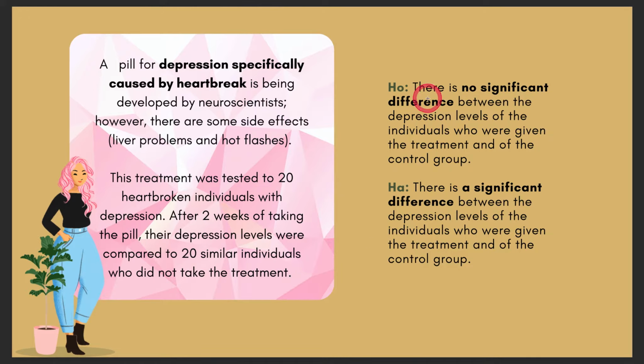The null hypothesis is that there is no significant difference between the depression levels of the individuals who were given the treatment and of the control group. The alternative hypothesis, on the other hand, is that there is a significant difference between the depression levels of the individuals who were given the treatment and of the control group.